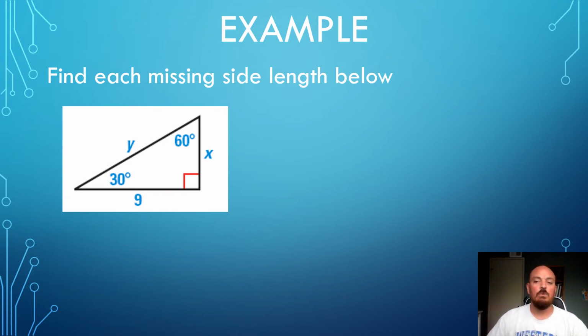Let's figure out what the name of it is. Is it the hypotenuse, the long leg, or the short leg? So I look at the picture. I notice that it's opposite from the 60, so it is the longer leg.